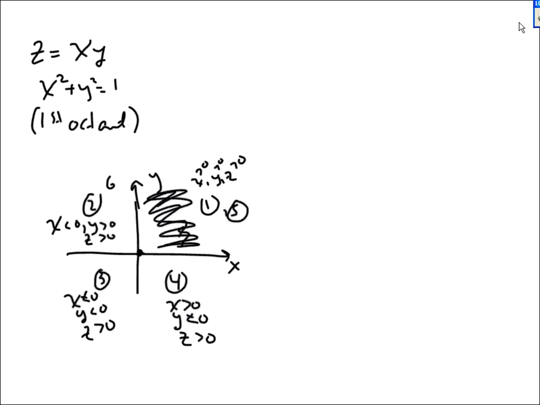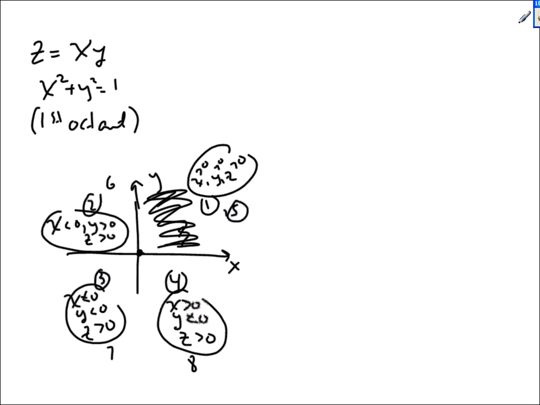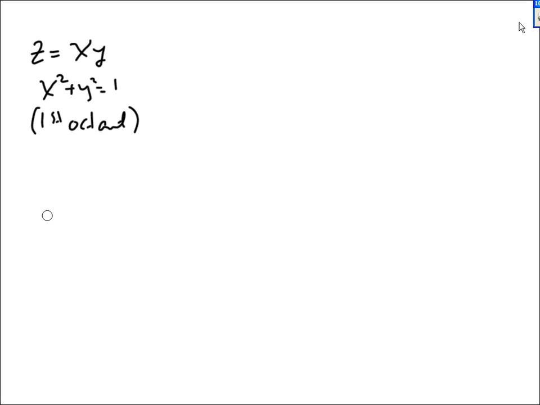For the 5th, 6th, 7th, and 8th octant, these four will be the same, except they all have this one change. Z is negative. So all we know is x, y, and z are positive.